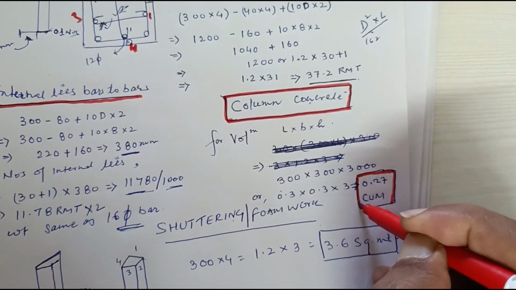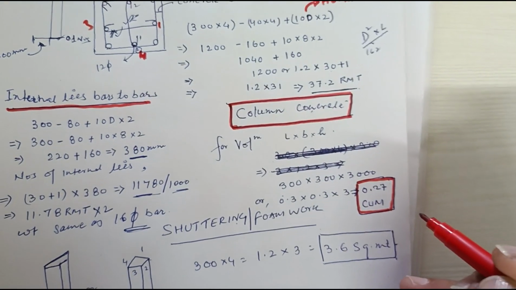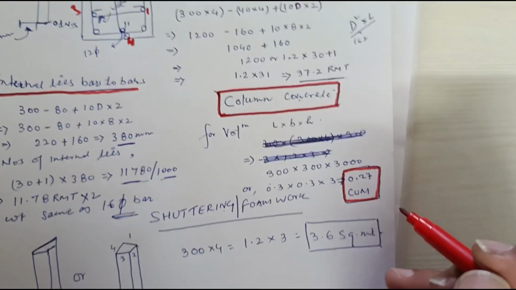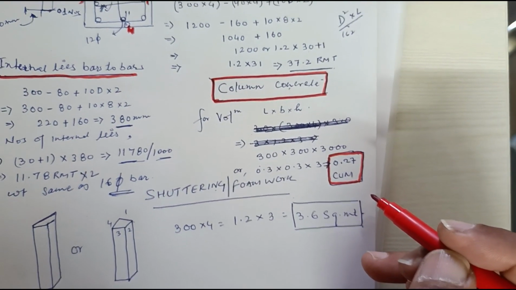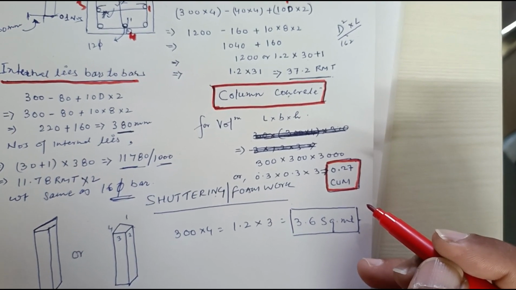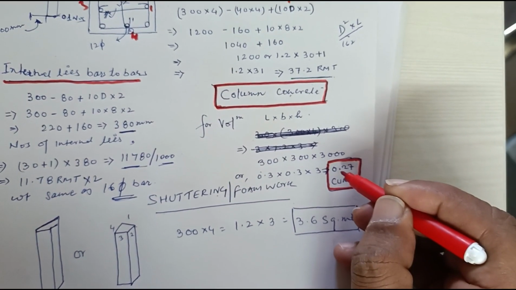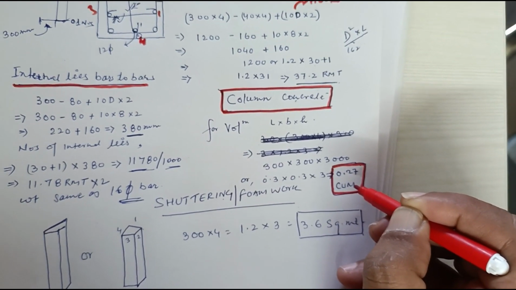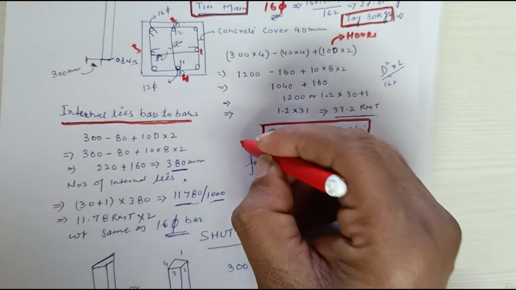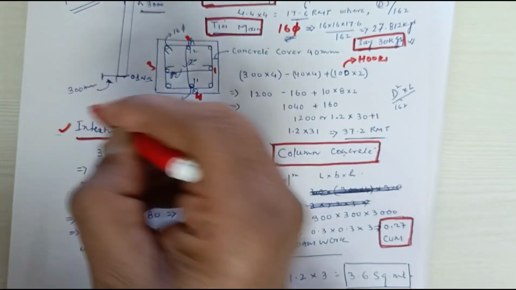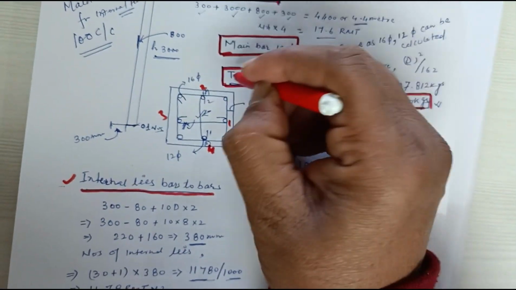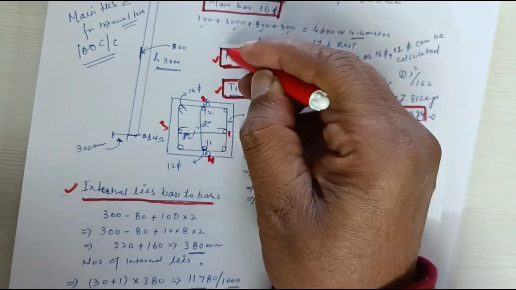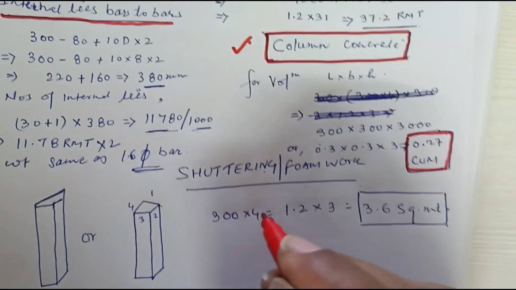This is your concrete volume for one column, which is having 300 by 300 and height is 3000 mm, means 300 by 300 by 3 meter. Then your concrete required is 0.27 cubic meter. Okay. Now this concrete also covered internal ties cover. Now main ties cover. Main bar 12 mm, 16 mm.